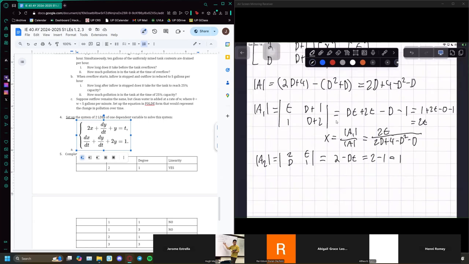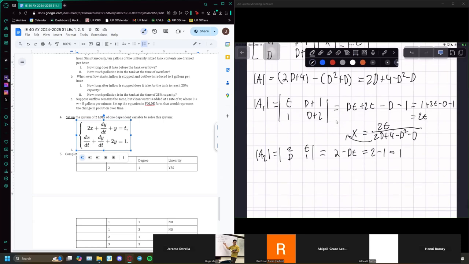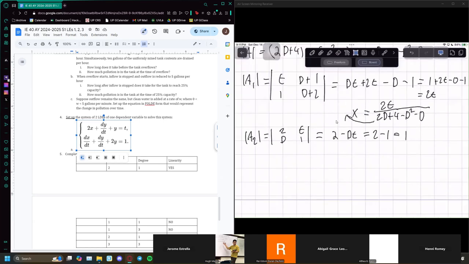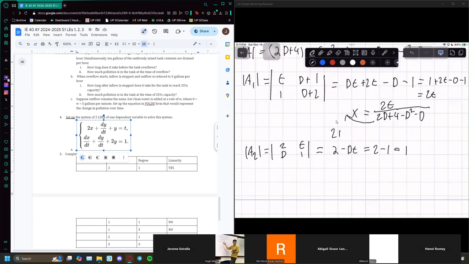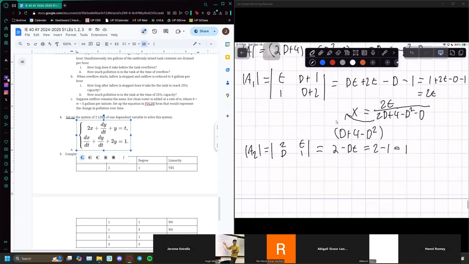Then what you're going to do here is multiply the denominator on both sides. Then you should just get 2d plus 4, and you can simplify this: d plus 4 minus d squared, about 2d minus d. Yeah, makes sense to me. d plus 4 minus d squared times x equals 2t.